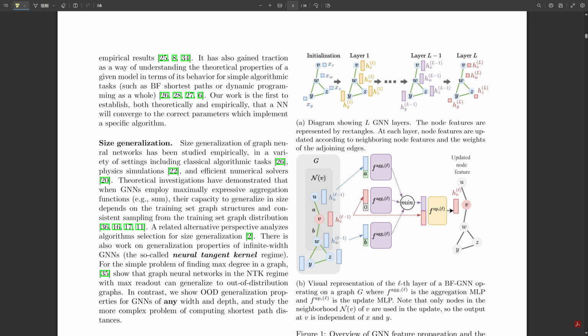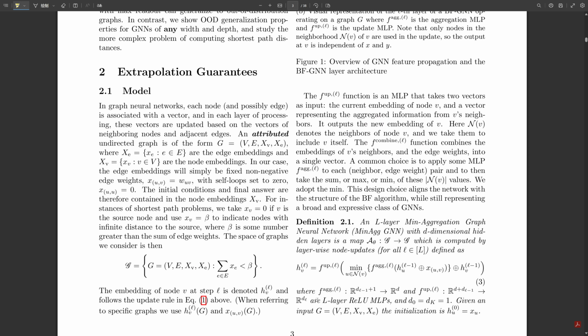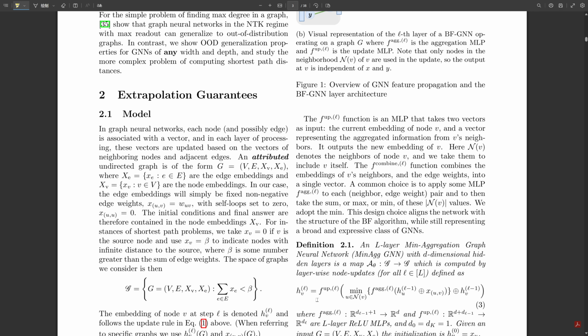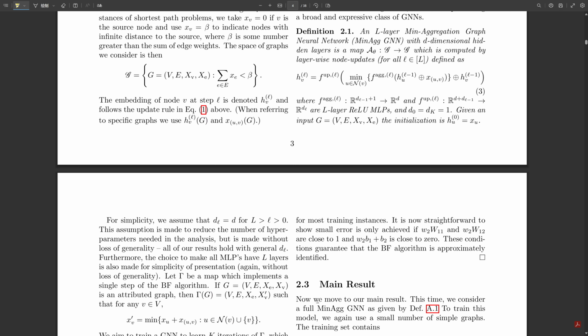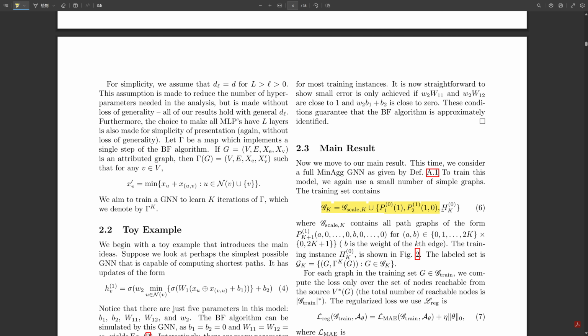That's awesome. Now, I'm guessing all of this empirical work is backed by some solid theoretical foundation, right? Oh, absolutely. And that's where Theorem 2.3 comes in. Actually, there's a more detailed version, Theorem C.20, but they both essentially provide the theoretical guarantees for the GNN's ability to learn and generalize these shortest paths. Okay, so they're not just saying, hey, it works, they're showing why it works mathematically. Exactly.